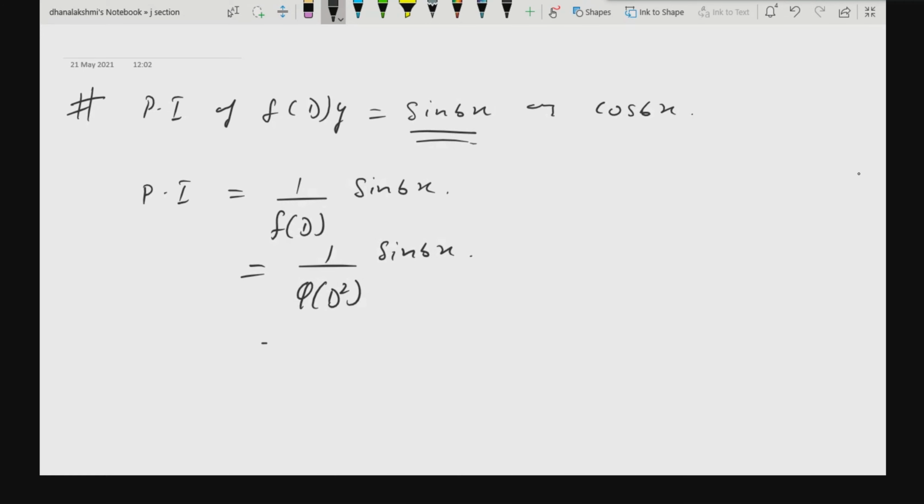That means some function in terms of D square. Then the particular integral is given by sine bx by phi of minus b square, the condition being that phi of minus b square is not equal to 0. Understood, all of you?